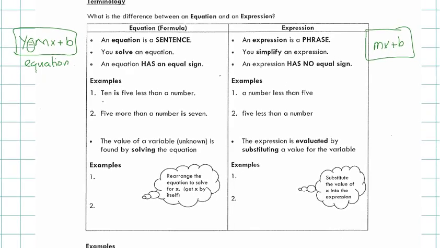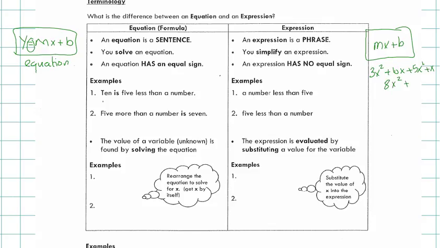So when I say simplify, I mean collect like terms. Okay? So for example, if you have 3x squared plus 10x plus 5x squared plus x, right? This is an expression, there is no equal sign. What you can do, you can simplify that by collecting like terms, and you'll have 8x squared plus 11x. Okay?